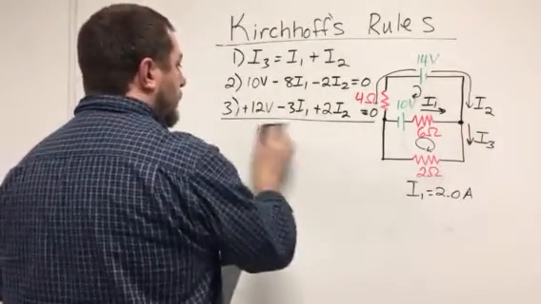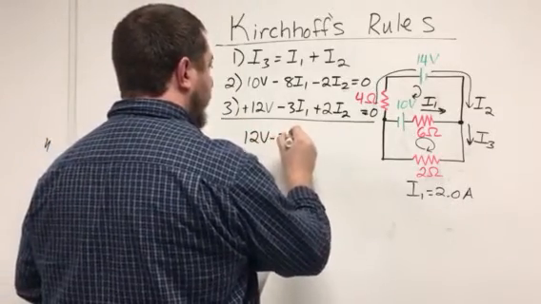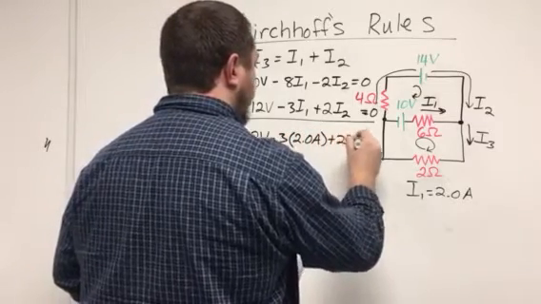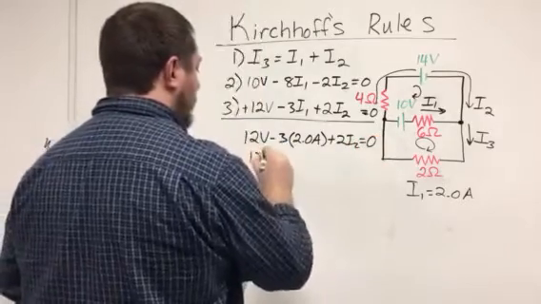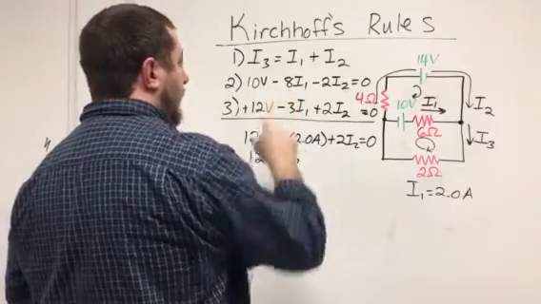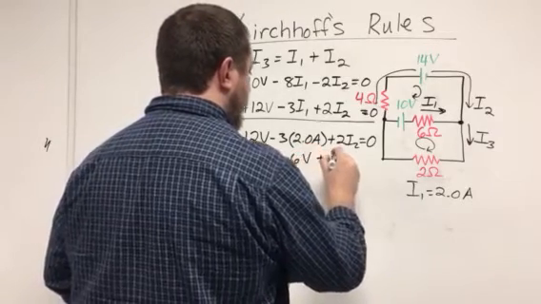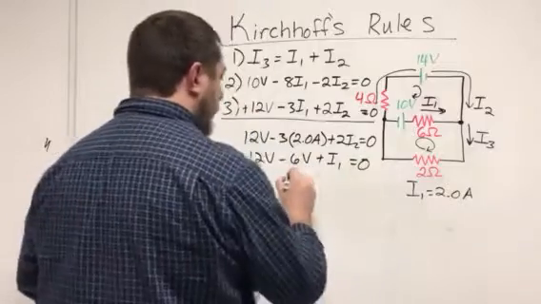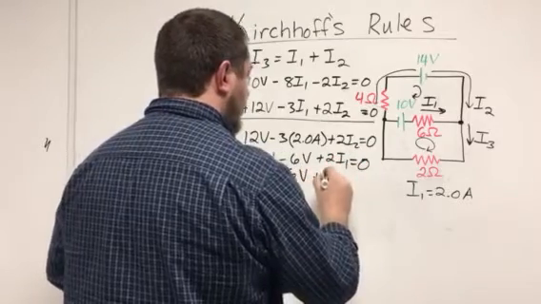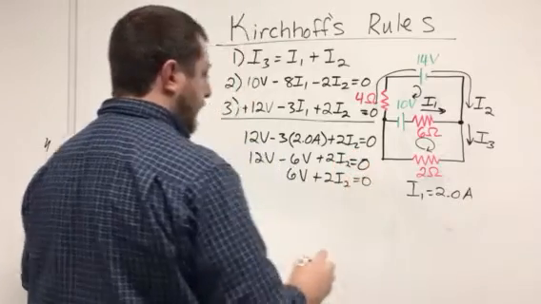And if I plug this into equation 3, 12 volts minus 3 times 2 amps plus 2I2 is equal to 0. 12 volts minus 6 volts, because remember our coefficients have units of ohms, so ohms times amps is volts. 6 volts plus 2I2 equals 0.